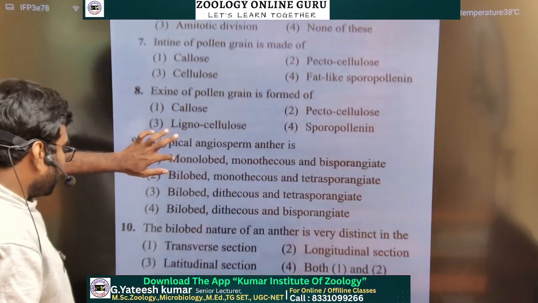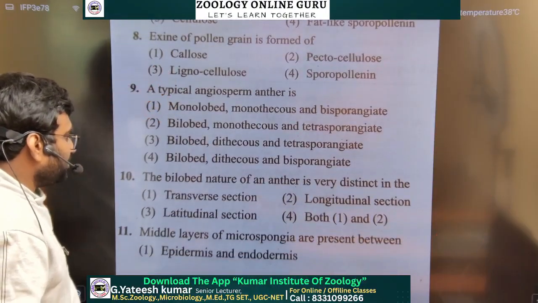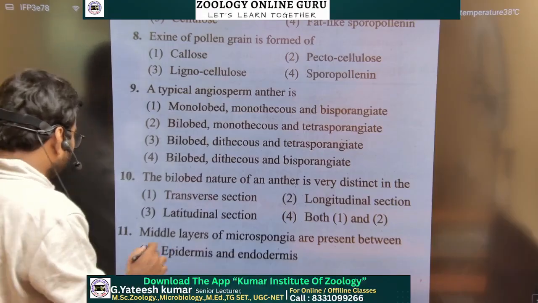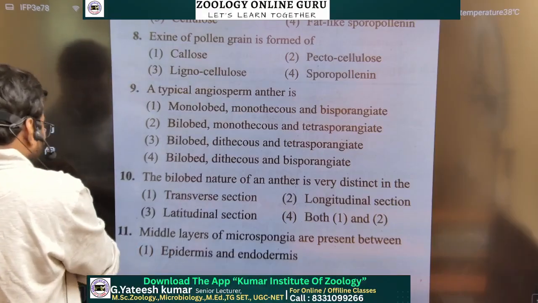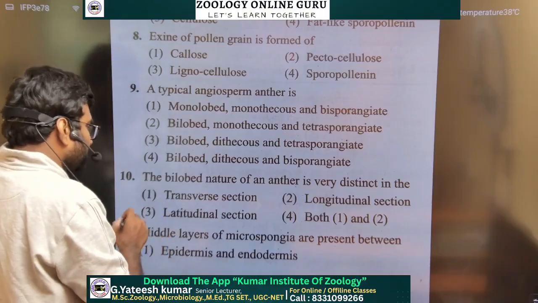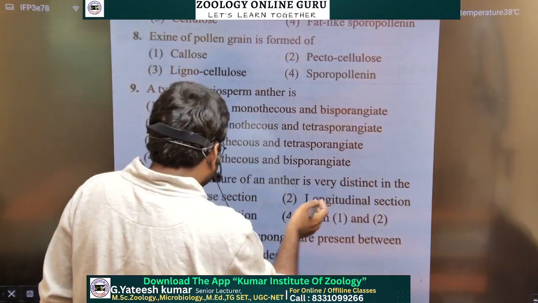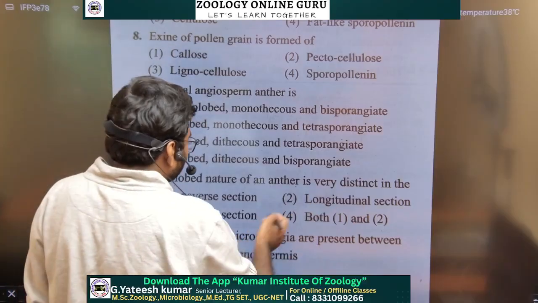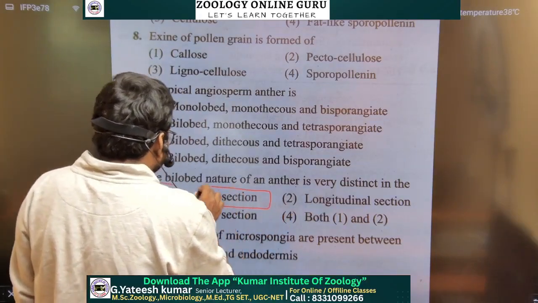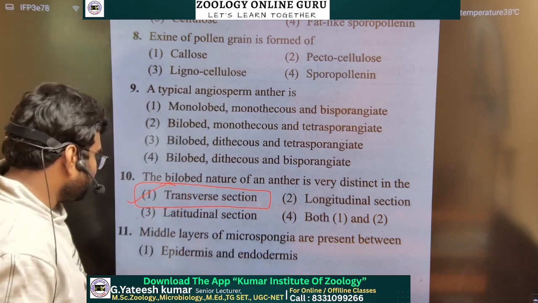Next question. The bilobed nature of the anther is very distinct in which section? Transverse section, longitudinal section, latitudinal section, both 1 and 2. Usually the bilobed nature of an anther is very distinct in the transverse section.